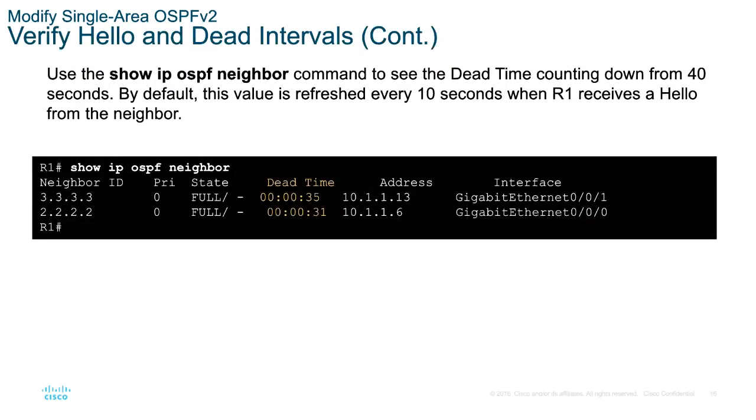So you can see straight away whether it has received its hello packets from the neighbors by looking at the dead time. If you're in the 20s or the 10s, you know that something's going wrong with communication because it's counted down below 30. That means it's missed a hello packet.